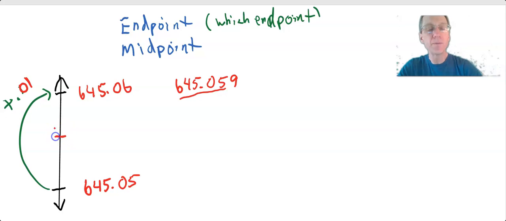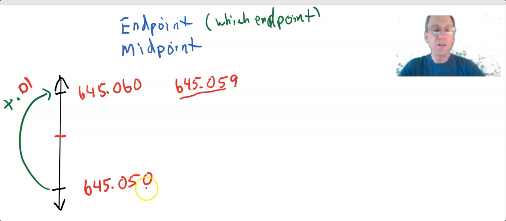Now we need the midpoint. And this is where we're going to add that 0 to help us out. Okay, so now we have 500 over here and 600. So this will help us to see, because remember, we're going between 50 hundredths and 60 hundredths, we're going to have to jump down to the next smallest place value, the thousandths. That's what we're actually counting in here.